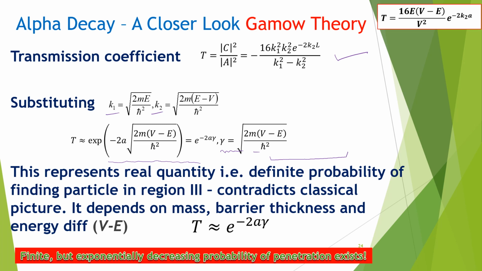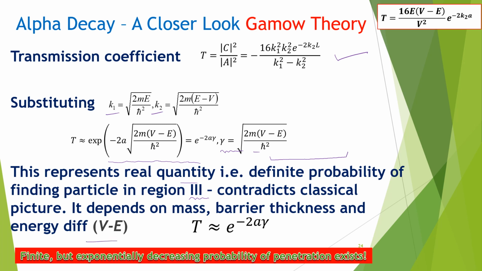This represents a real quantity, that is a definite probability of finding a particle in the third region. So that is what we are calling tunneling, and this contradicts the classical picture. It depends on the mass, barrier thickness and energy difference V minus E.